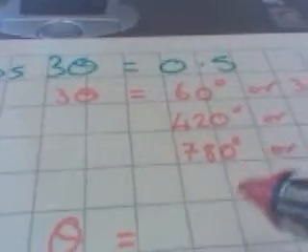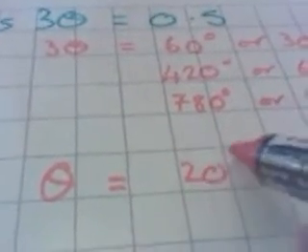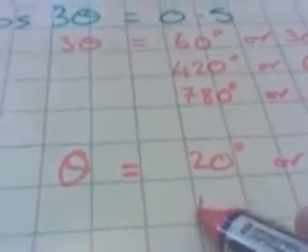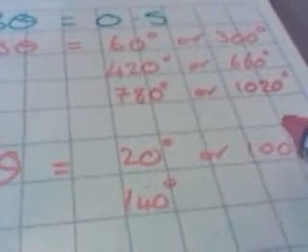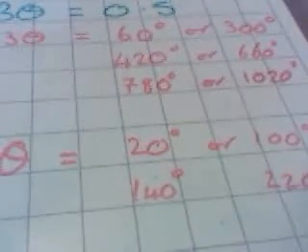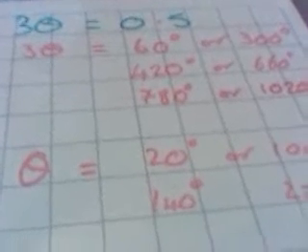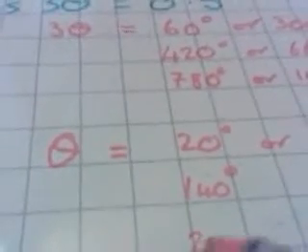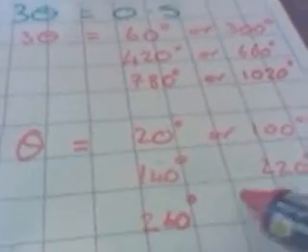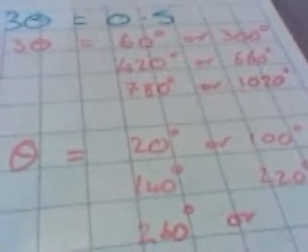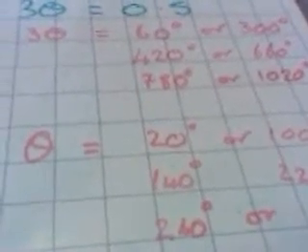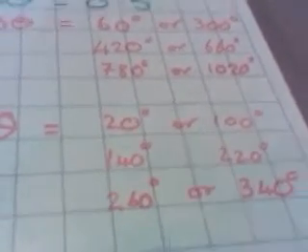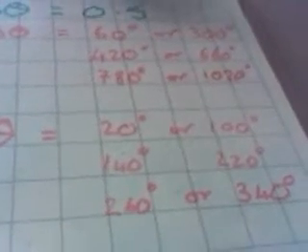So we'd have 60 divided by 3 is 20, or 100, or 140, 220, and then we'd have 260, or we'd have 340. All of them between the range 0 to 360.